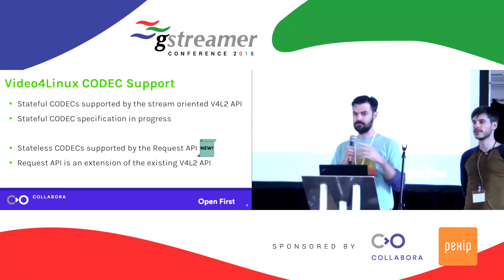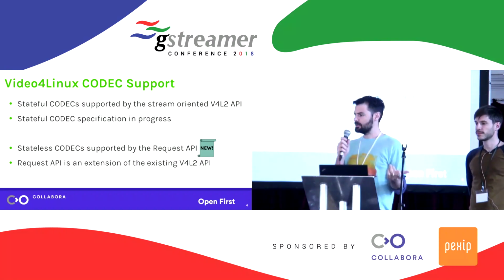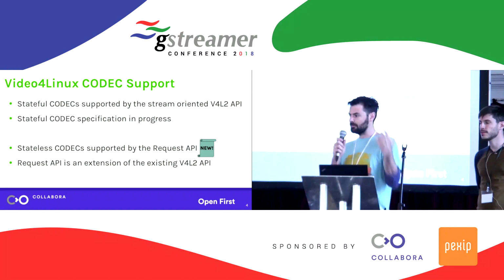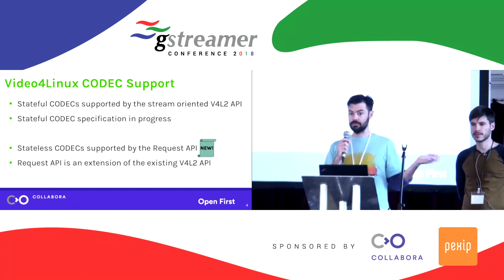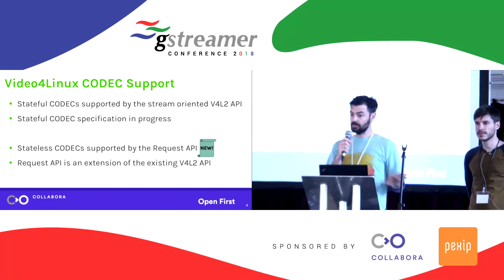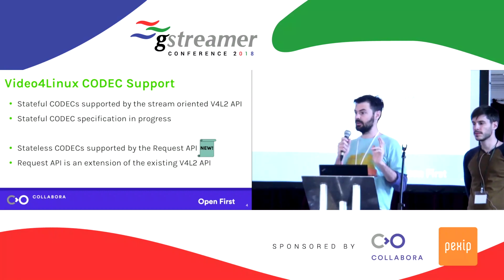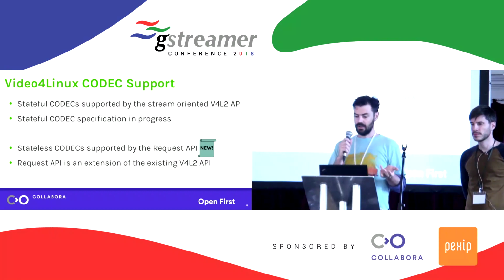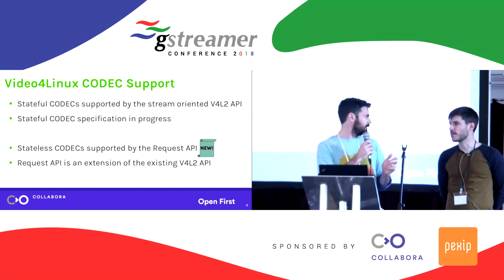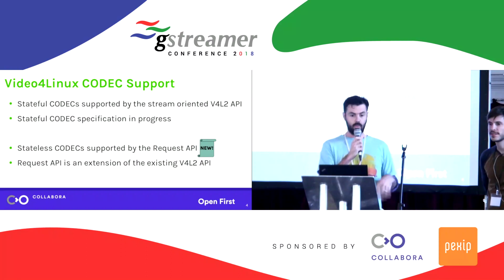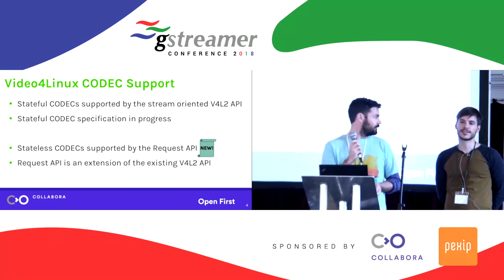Many people have asked me recently, so how is the mobile platform support for hardware decoders? We do support a number of platforms. We support Freescale, MediaTek, Samsung Exynos, Snapdragons, Qualcomm.